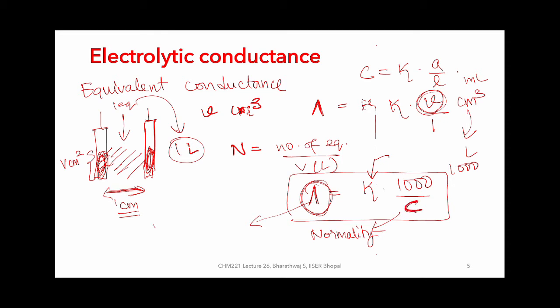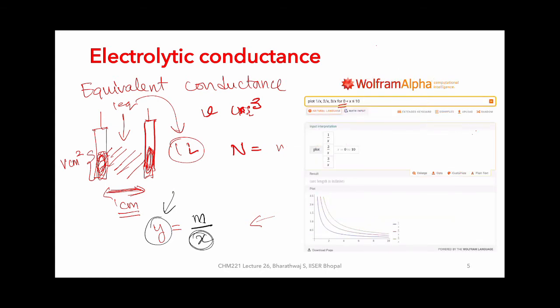As you are able to see, this is an equation given by something like y is equal to m divided by x, where x is the variable and y is the dependent parameter. So if you end up plotting such functions, you get the dependence as a function of x.